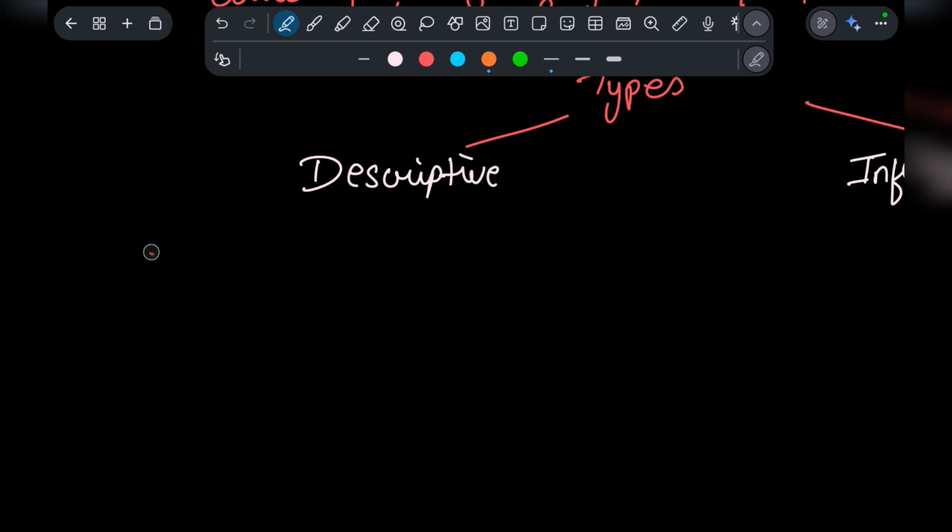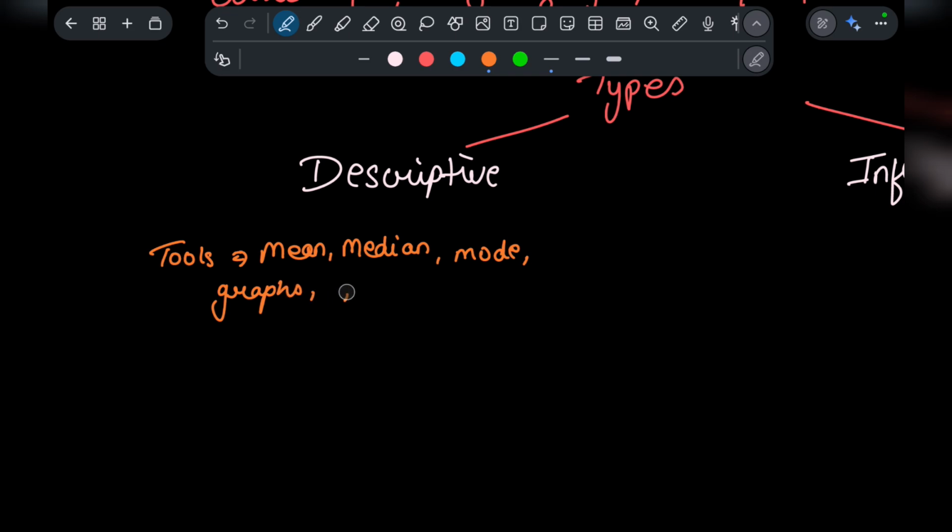The tools we use for that are mean, median, mode, graphs, standard deviation, and tables.